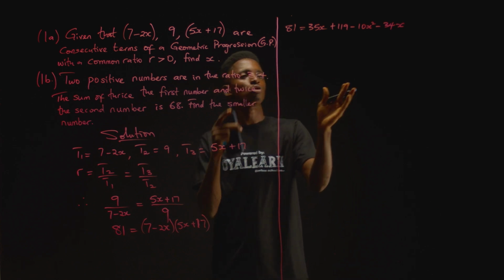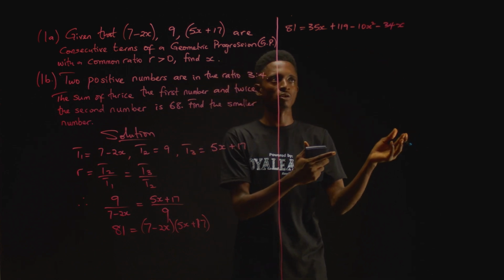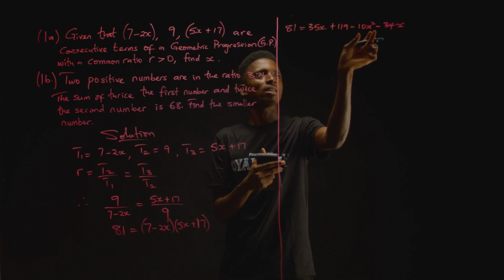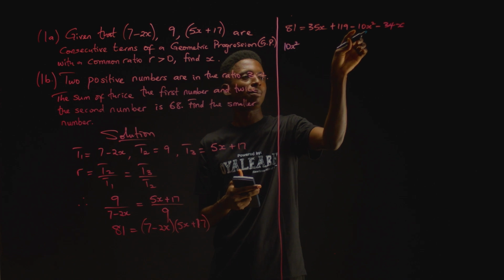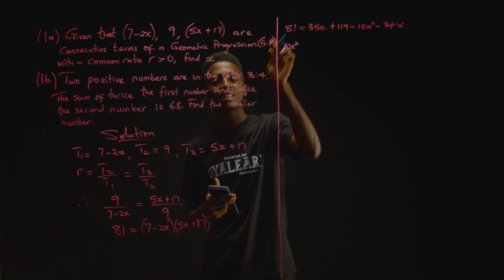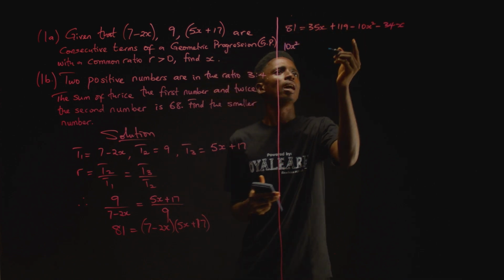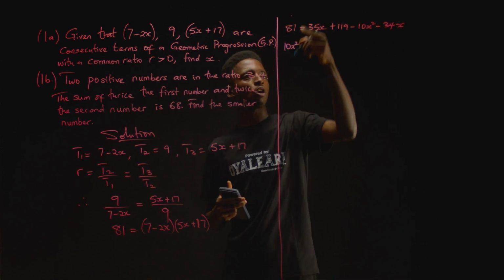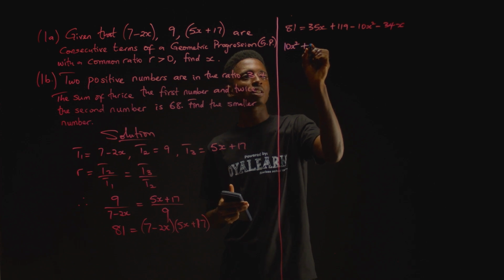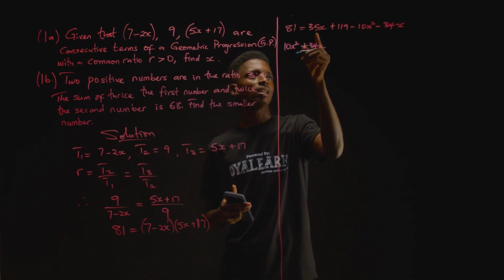What I like to do is to bring everything to one side and equate it to 0. Since this is minus 10x squared, when I bring it here, we would have 10x squared. The minus sign becomes positive as it crosses the equality sign. And then we have 34x coming here, minus 34x becoming plus 34x.